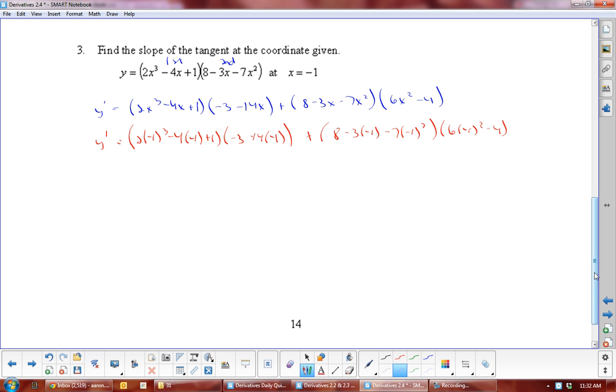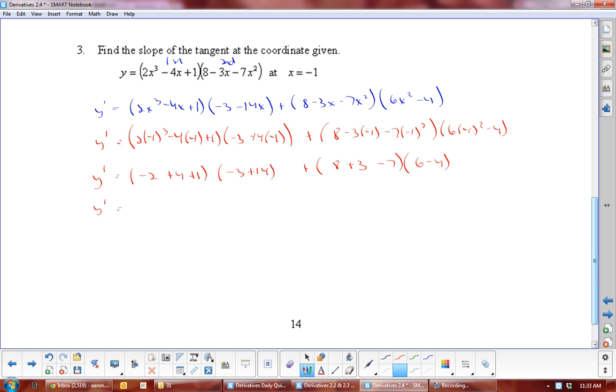Okay, so I don't have all the math for this, so let's just see if we can get it right. So this would be negative 2 plus 4 plus 1, right? Correct me if I'm wrong here. That's negative 3 plus 14 there. On the other side, 8 plus 3 should be minus 7. And this would be 6 minus 4.